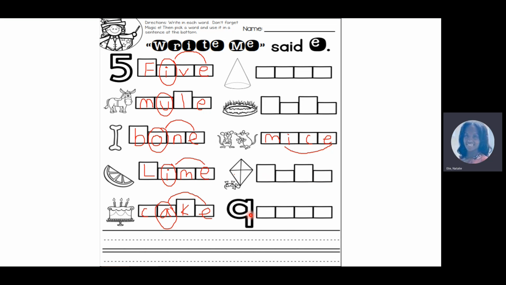And the last word is nine. Nine. That I is saying its own name. It's saying I. So that means there should be a magic E at the end of this word.